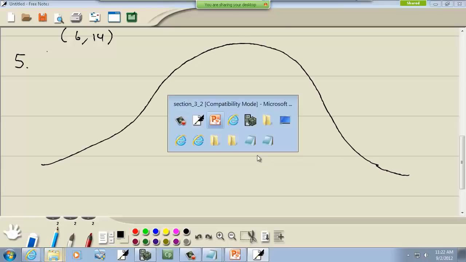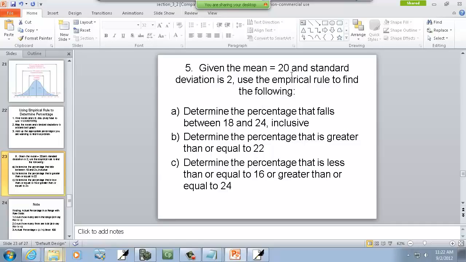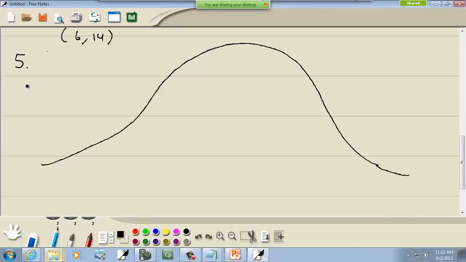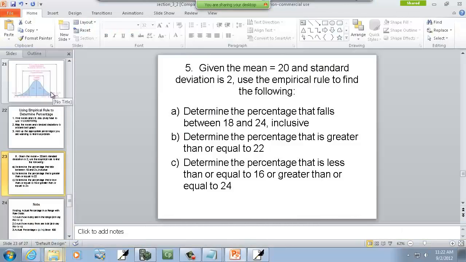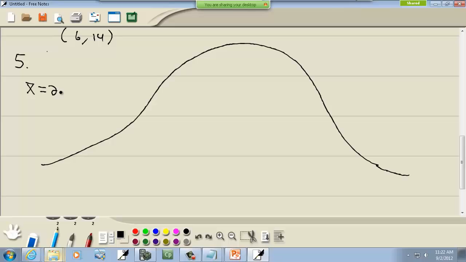There we go. Okay, given the mean equal 20 and standard deviation is 2, use the empirical rule to find the following. So mean is 20, and it doesn't specify sample or population, but just so I don't have to write a lot, we'll say it's sample. So mean is 20, S is equal to 2.